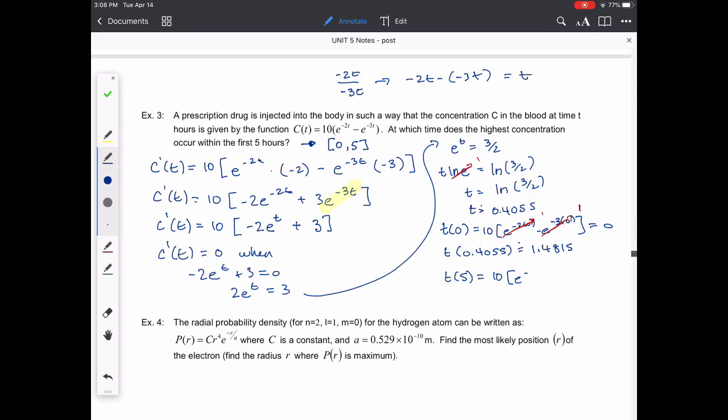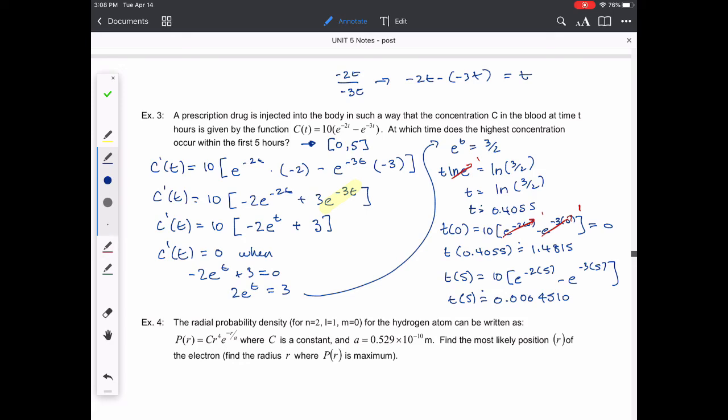Negative 2 times 5 minus e negative 3 times 5. Put that into our calculator, and we get T5 is equal to approximately 0.00045510.